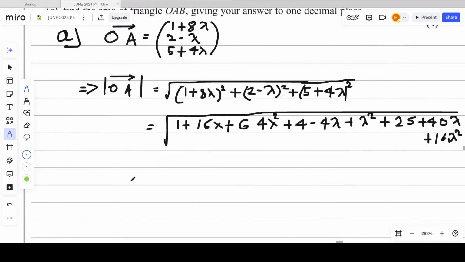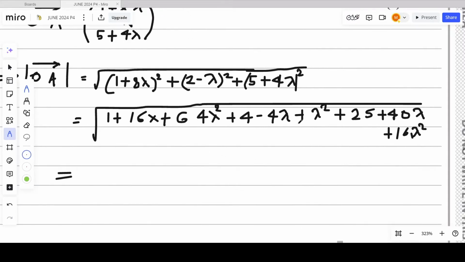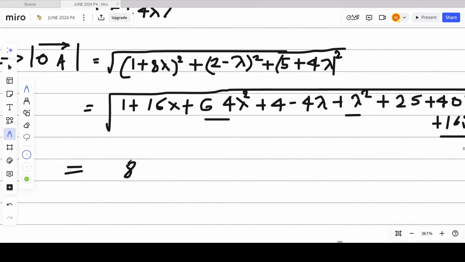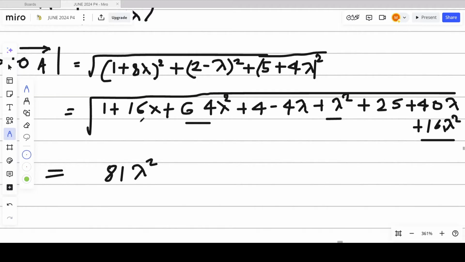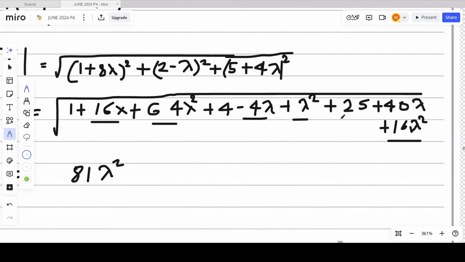Now we need to add them. At first, add the squares of lambda: 64 plus 1 is 65, 65 plus 16 is 81, so 81 lambda squared. Then the lambda terms: 16 lambda minus 4 lambda is 12 lambda, plus 40 lambda.